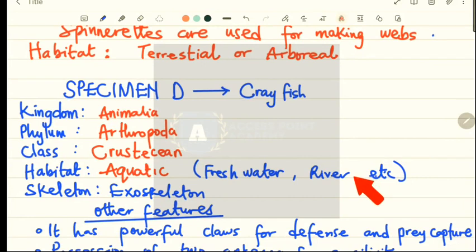You see them in rivers, and the skeleton is an exoskeleton.